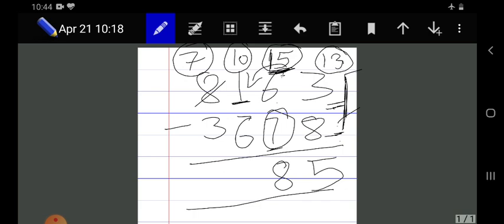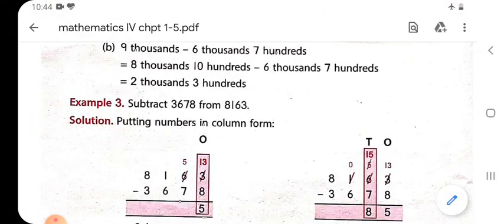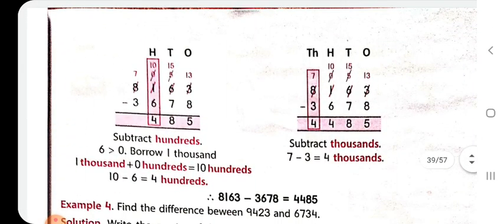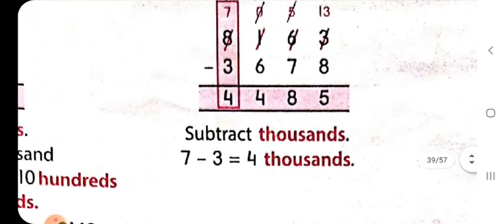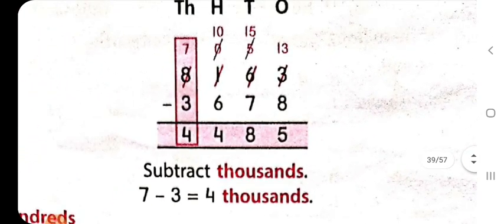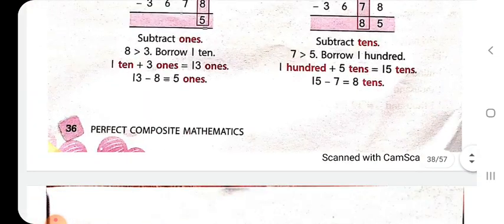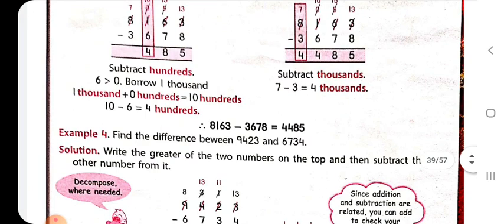So 10 minus 6 is equal to 4, and 7 minus 3 is equal to 4. So the answer is 4485. Yes, in the last they have given the answer is 4485. No need to do this whole long procedure. We will simply subtract by borrowing, which we were doing in our previous classes also.